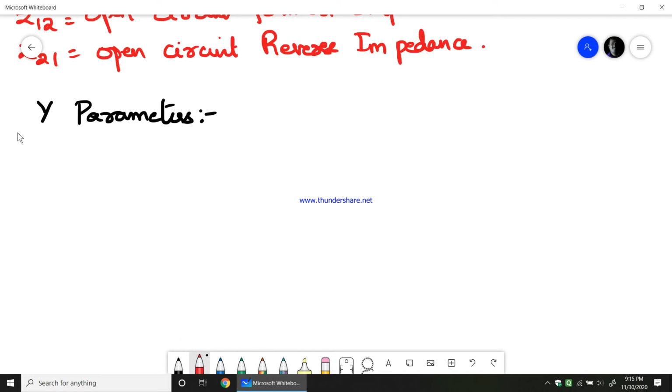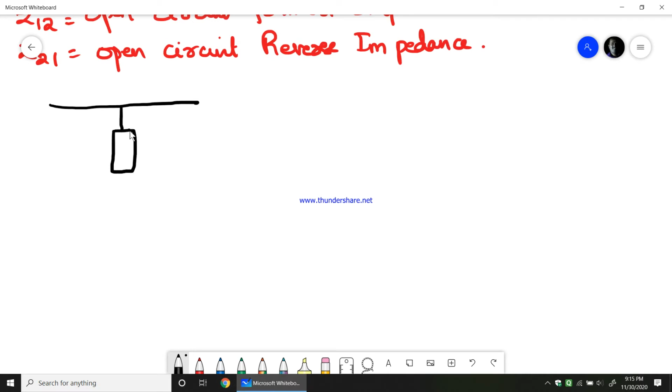In a similar way, like how we defined Z parameters, in the same way we take two different equations. Okay, before getting into Y parameters, let us write the final circuit for the Z parameters. This circuit will represent the Z parameter equations.